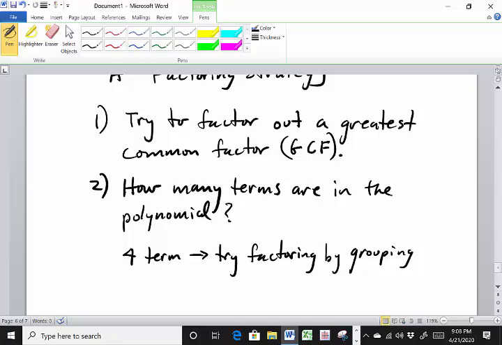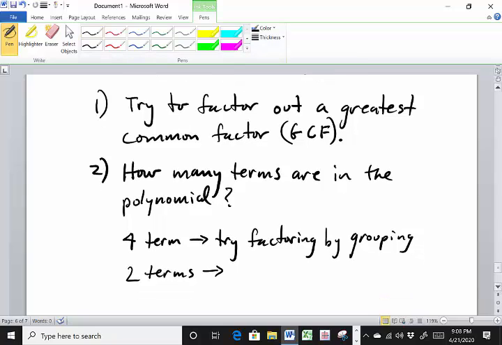If it's going to be 2 terms, there's a possibility that it's the special factoring techniques we just learned. So 2 terms, I should say, not try yet.